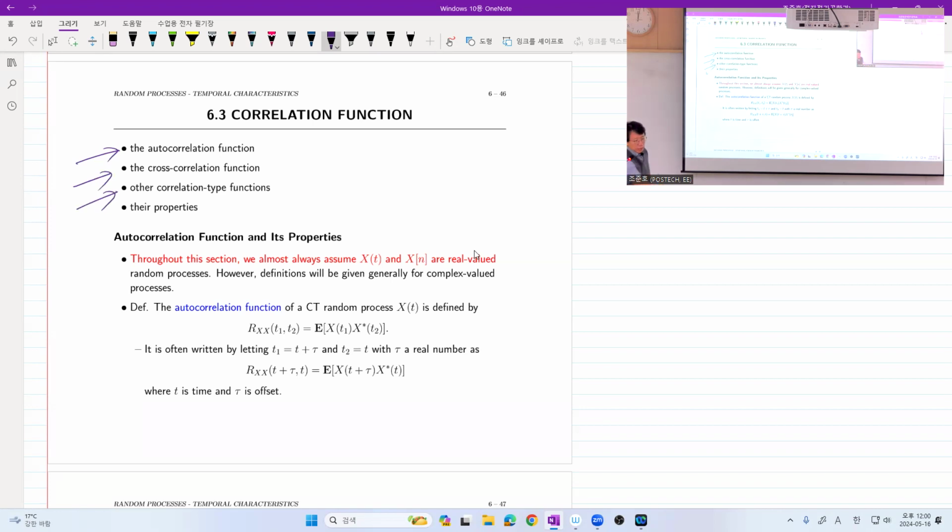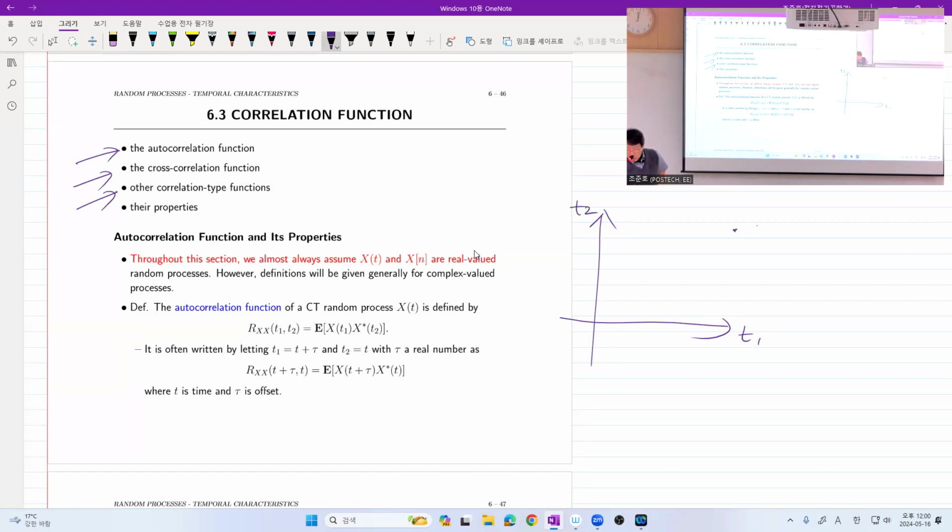Let's see it again. As I told you, the original definition of an autocorrelation function of a, in general, complex random process is what? To use T1 and T2. So it's a 2-dimensional function. Here is T1 and here is T2.